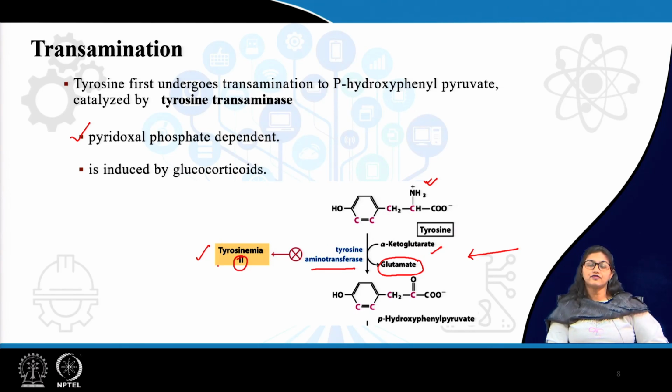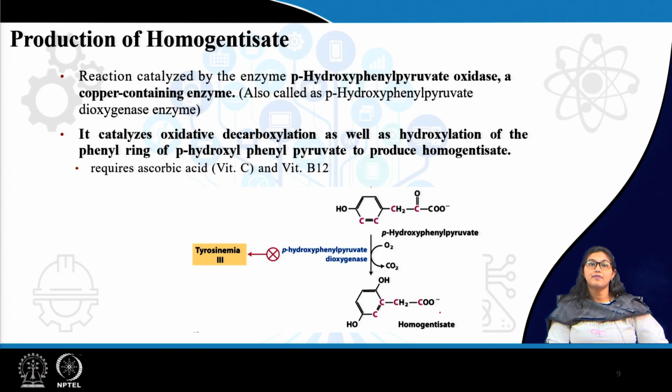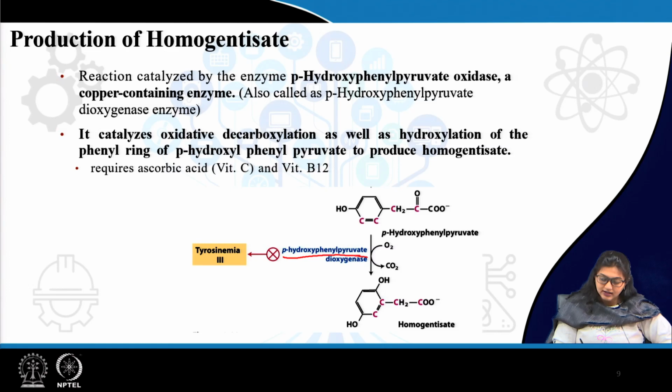After transamination, what we get is para-hydroxyphenyl pyruvate. Now, this para-hydroxyphenyl pyruvate forms homogentisate with the enzyme para-hydroxyphenyl pyruvate dioxygenase.